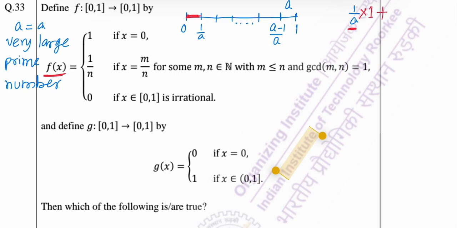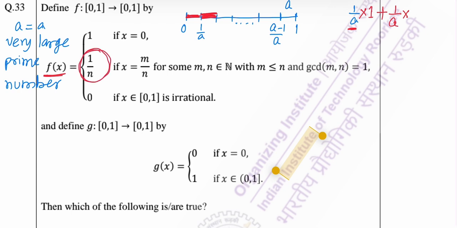Thereafter we put the plus sign, and thereafter we take the next interval. The length of the next interval will be 1 by a, and again we multiply this with the max value of f(x) in the second interval.